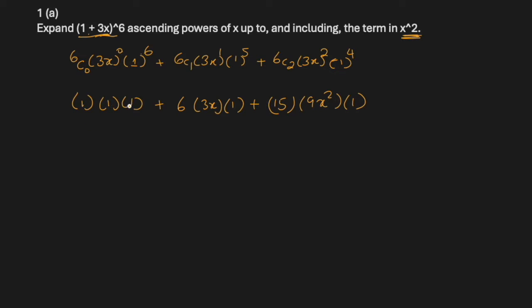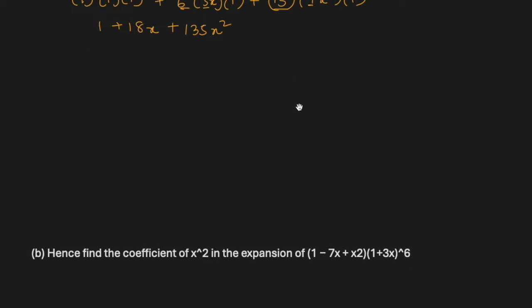This will be 1, plus 6 times 3 will be 18x, plus then 15 times 9 will be 135x squared. They were asking us to expand this in ascending powers of x. Done. Up to x squared. Done. Okay, let's see if the next part has something.